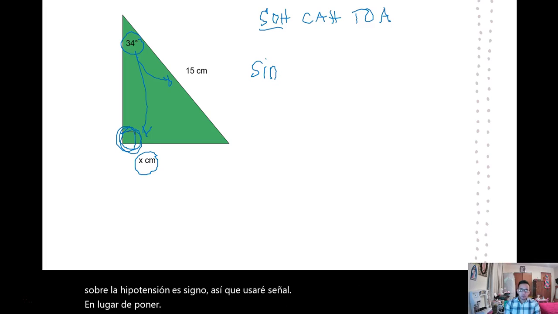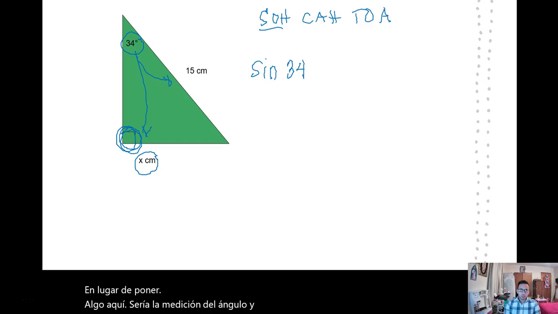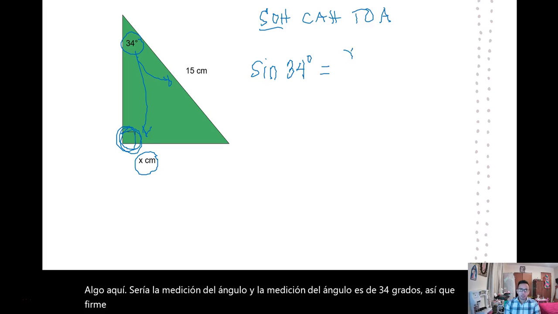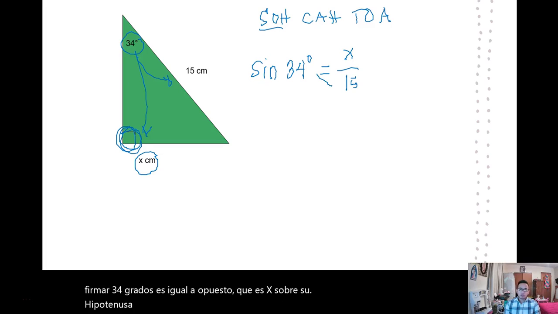The measurement of the angle is 34 degrees. So sine 34 degrees is equal to opposite, which is x, over hypotenuse, which is 15.